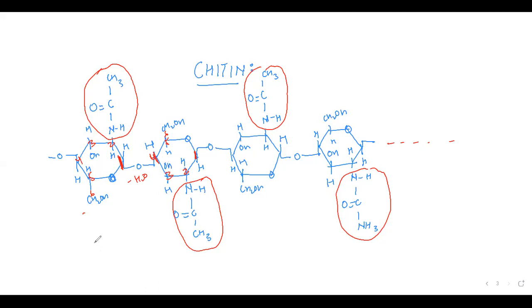So again, this will be a beta 1,4 glycosidic linkage. How? This is carbon 1, 2, 3, 4, 5, and 6. The dehydration reaction, or this condensation, takes place between carbon number 1 and carbon number 4. So this bond is again our beta 1,4 glycosidic linkage. In this way the chain will continue and we'll get the structure of chitin.